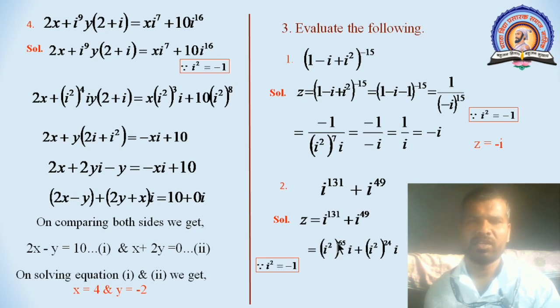So (i square) raised to 65 into i plus (i square) raised to 24 into i. Put the value of i square as minus 1. Minus 1 to an odd power is minus 1, and to an even power is plus. This minus i plus i gets cancelled. So Z is equal to 0.